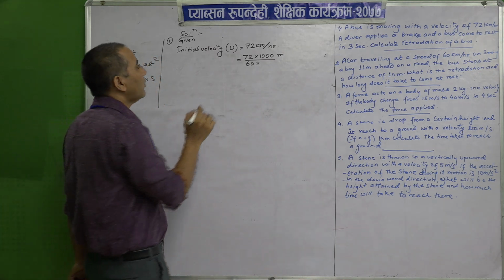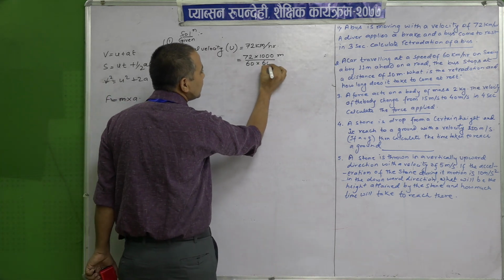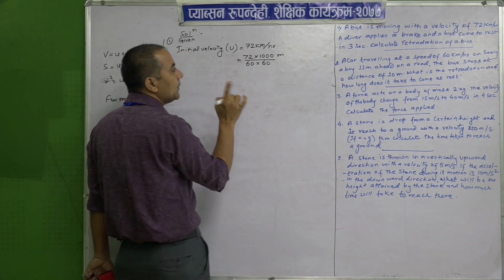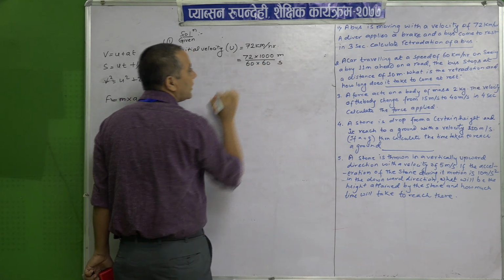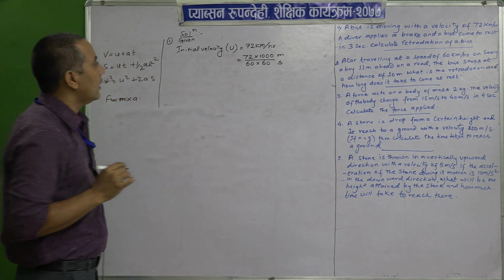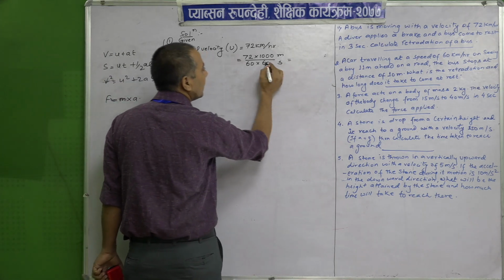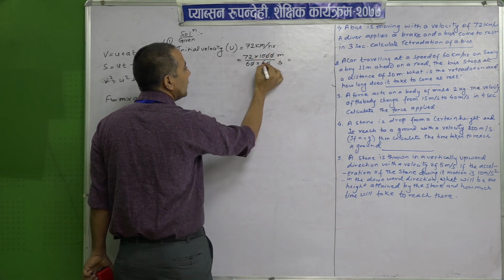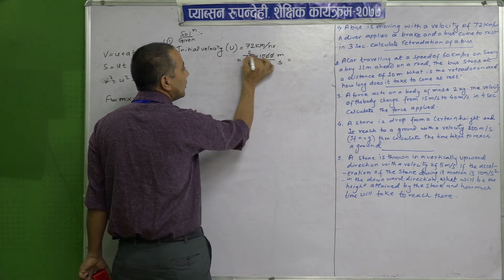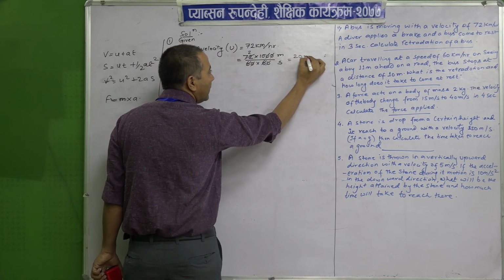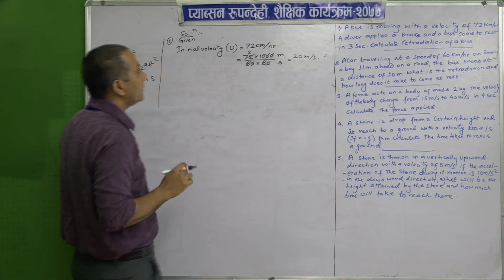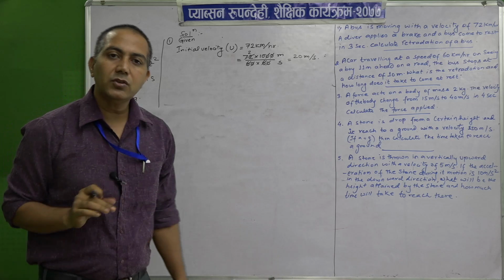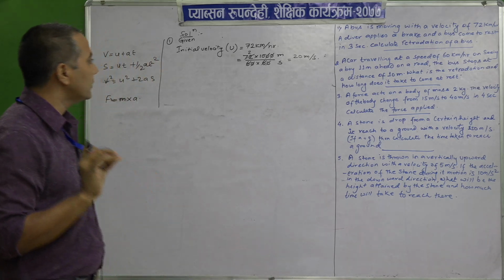No. Therefore, we take another 60, as 60 seconds make 1 minute. Now it has changed into seconds. Then this gets cancelled, and we get 20 meter per second. So the initial velocity is 20 meter per second.